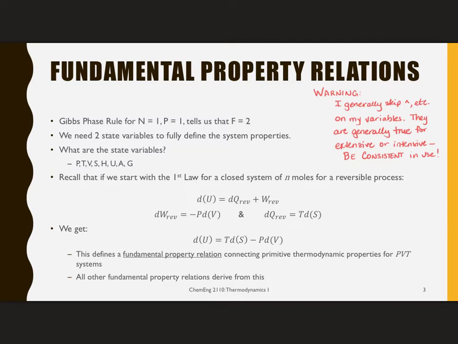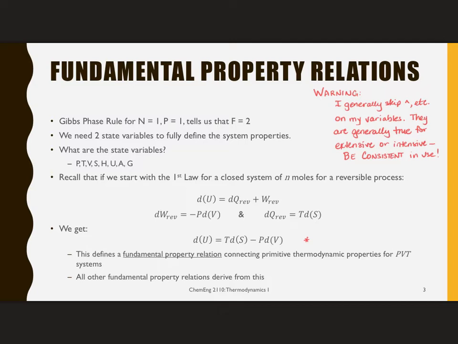And this is very useful because this is our first fundamental property relation, okay? It connects my primitive properties to pressure, volume, and temperature, okay? So I now connect those to my other state variables, S, U, H, etc. So this is step 1.